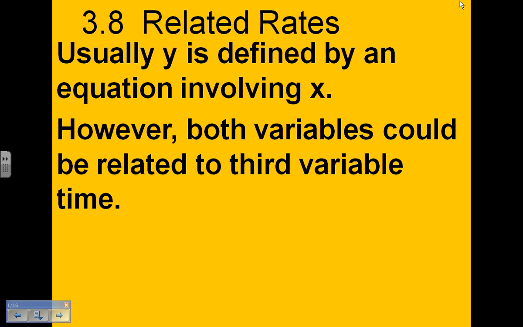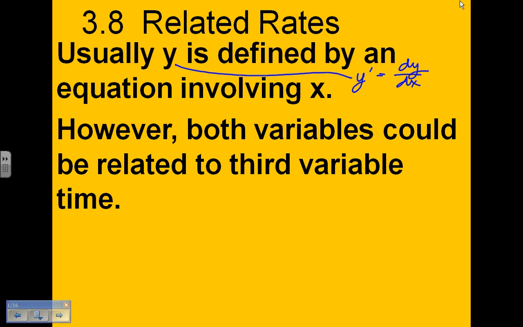If I'm going to take the derivative of y, I said that was y prime, didn't I? y prime equaled dy/dx, didn't it? I took the derivative of y with respect to x. How's that going to change if I take the derivative of y with respect to time?